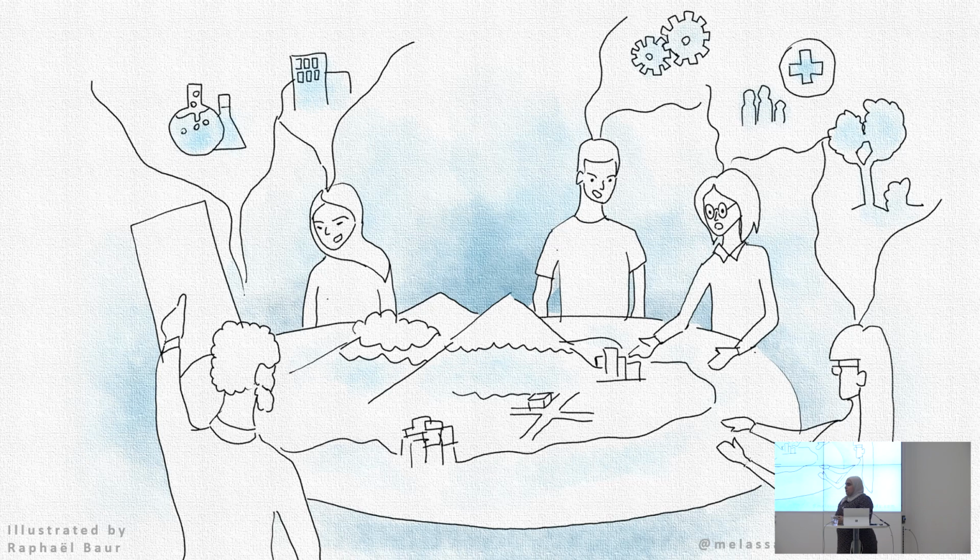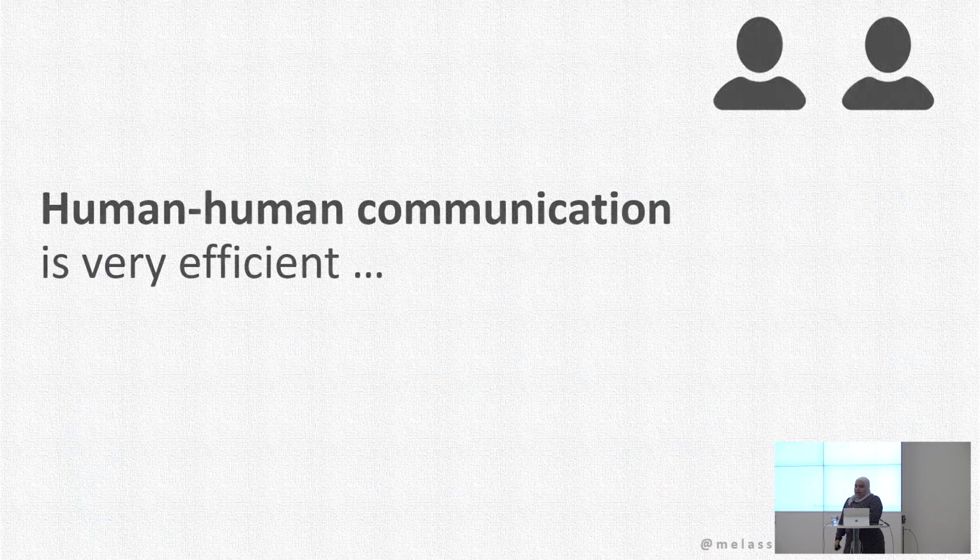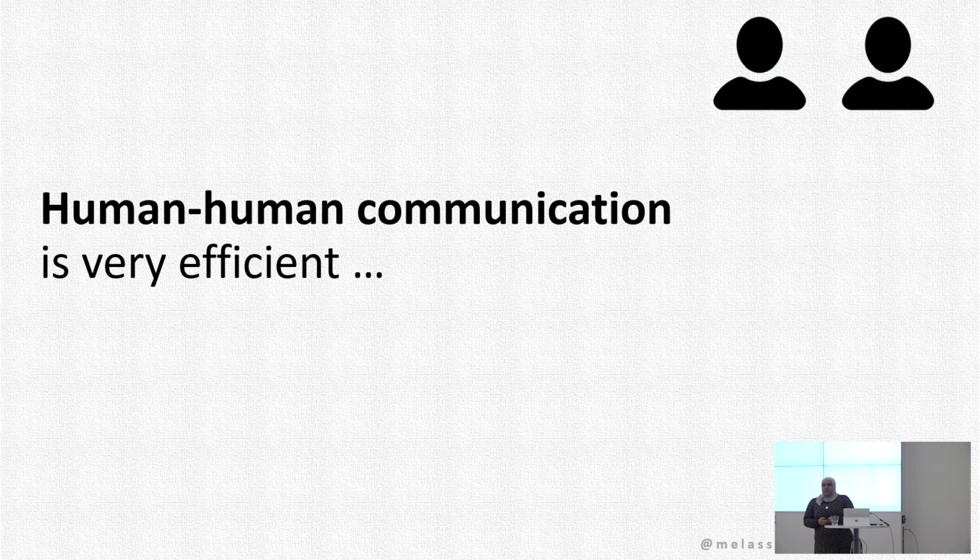They might also read the room and figure out people don't really understand what they're talking about, so they switch to a different way to communicate. And this human-human communication is very efficient, and it really relies on a lot of these human intuition aspects that we have developed over the years.